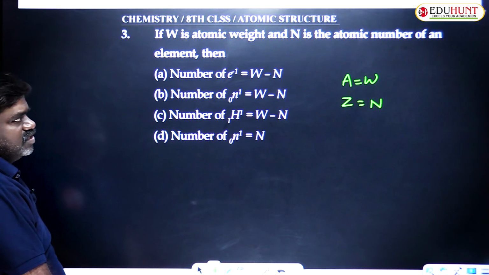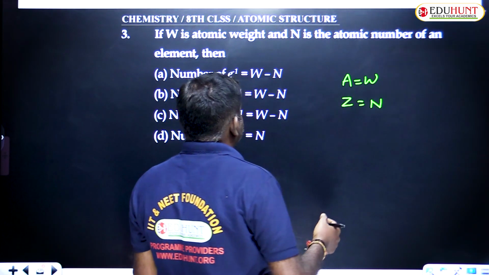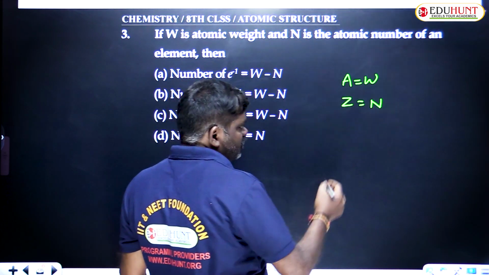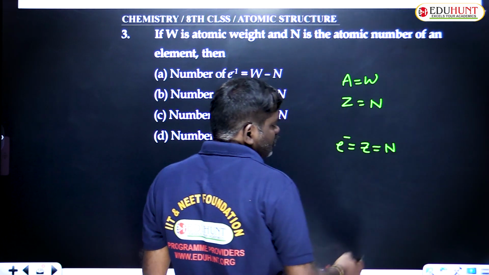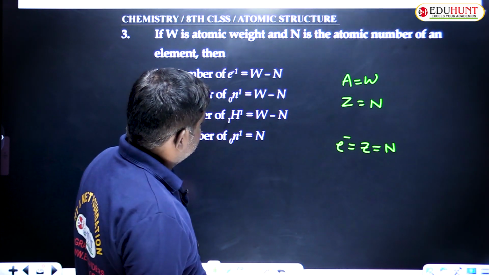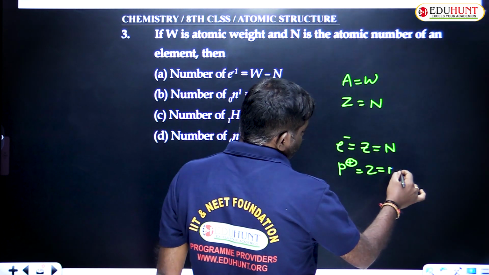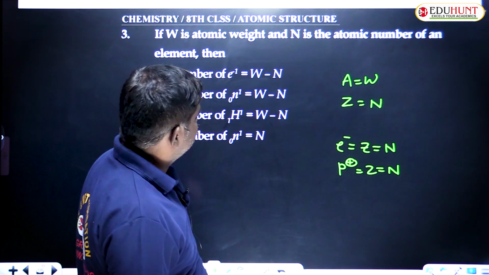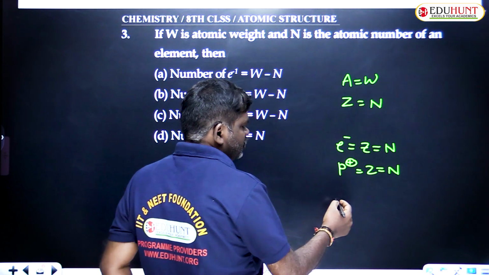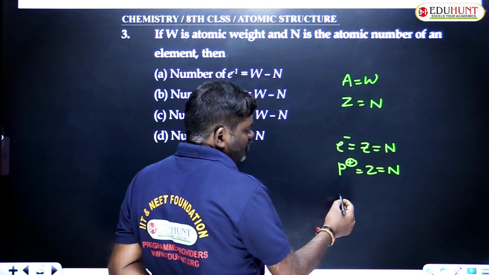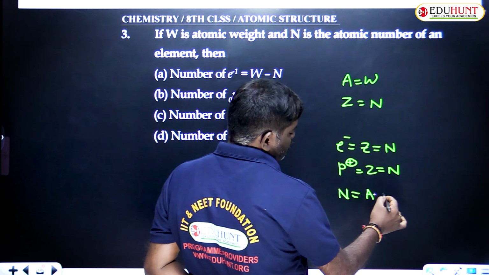And the number of neutrons, if you want to calculate it, is mass number minus atomic number, which is not equal to the number of electrons. According to this, the number of electrons means Z means N. If you take the number of protons, Z is also equal to N. And the number of neutrons is always A minus Z.